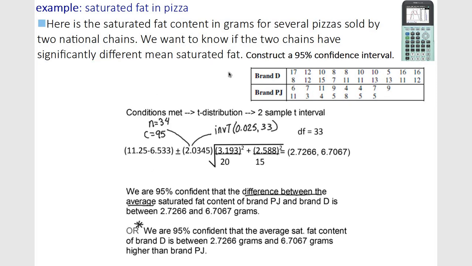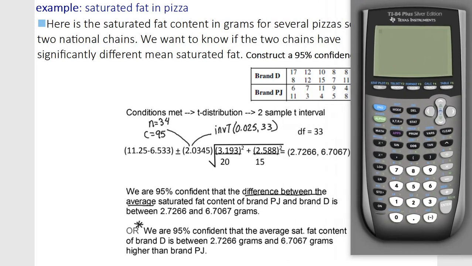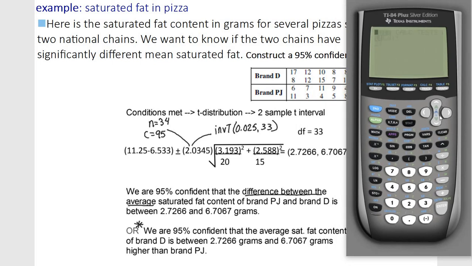Okay, so this is how you can do it by hand. If you wanted to do it with your calculator, since we already have the data in there, you go to statistics, test, where is it? Two-sample t-interval, and then list 1, list 2, confidence interval, bam.